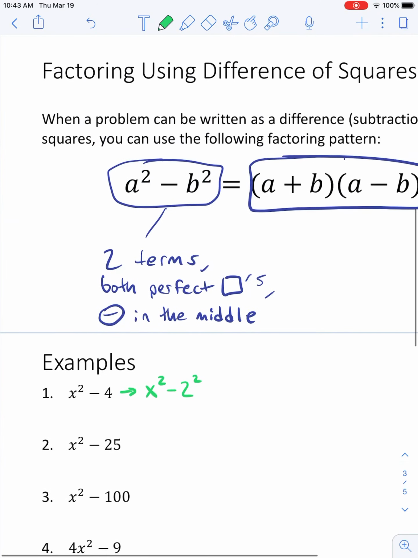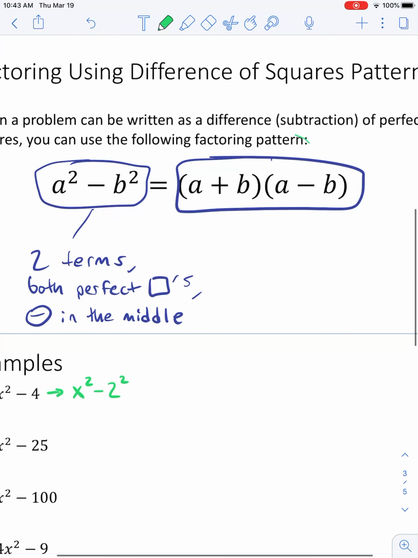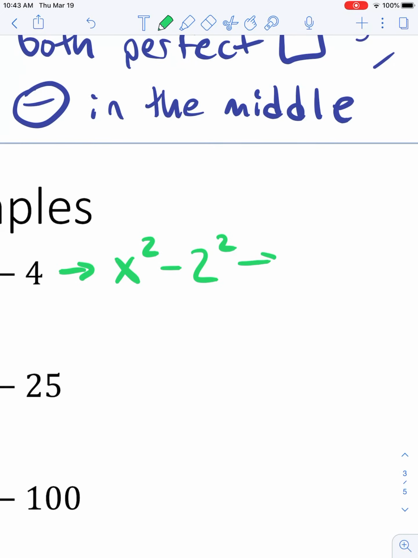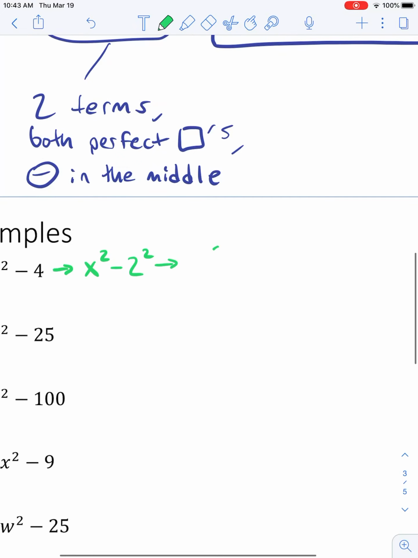Which means we're in this situation up here. Difference of squares. One thing squared minus another thing squared. So this, according to the pattern, would turn into our answer, which will be x plus 2, x minus 2.